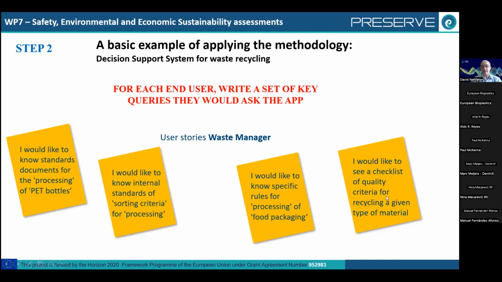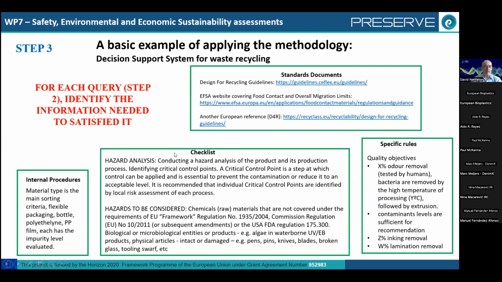And then the fourth, the checklist of quality criteria for recycling a given type of material. And here, again, this is a combination of documenting, maybe hazard analysis, in this case conducting a hazard analysis of the product and its production process, identifying critical control points, local risk assessment of each process, hazards to be considered.